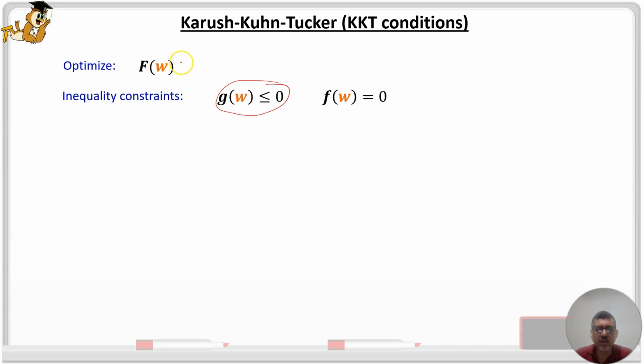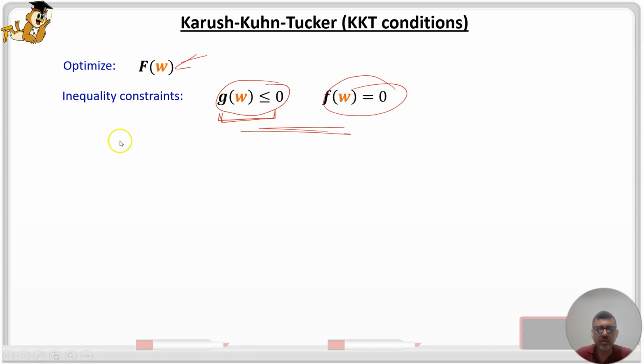So what if you had to optimize a function subject to inequality constraints? So far we were looking at equality constraints. What if you had to optimize subject to inequality constraints, and perhaps you could throw in some equality constraints as well? So this is the most general situation, and these are known as the KKT conditions.